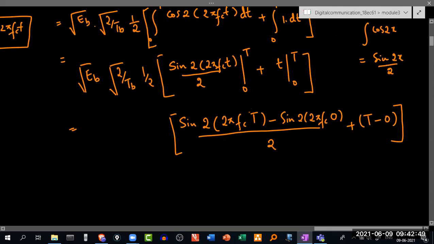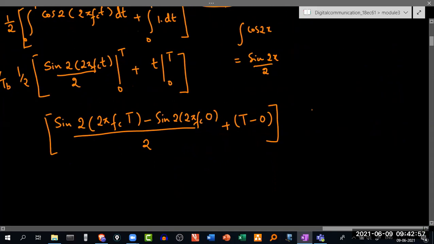Now back here, fc can be thought of as equal to 1 by T, and in turn I can cancel out these two, and I'll be left with sine 2 times 2 pi.